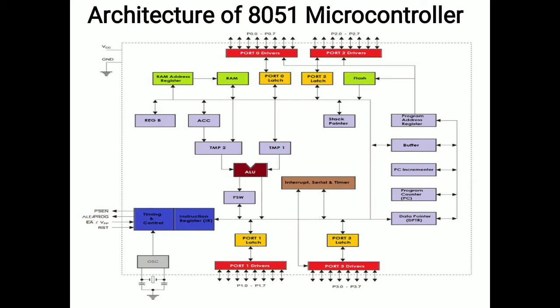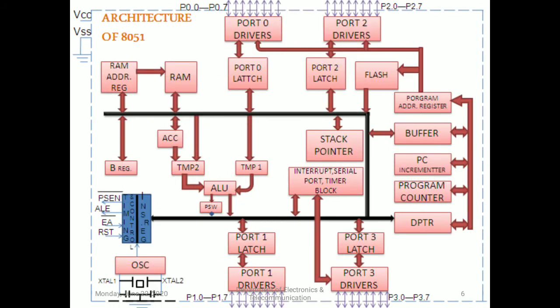So for calculating the program address, one block is there called the program address register. These are the vertical blocks if we consider from bottom right in the upward direction, that is top right.